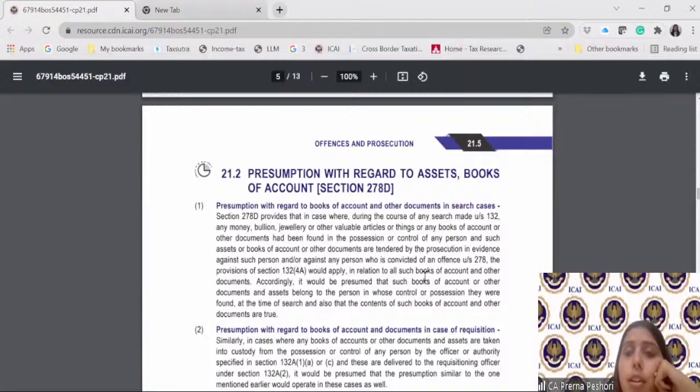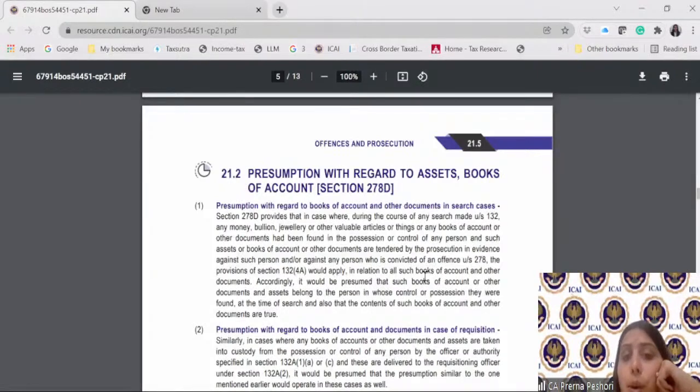Now, with regard to the presumption with regard to assets and books of accounts. Similar to section 132, where a presumption was created that whosoever is in possession of the accounts or valuable articles is presumed to be the owner, or that the contents of the books of accounts are true, a similar presumption is there under 278D.